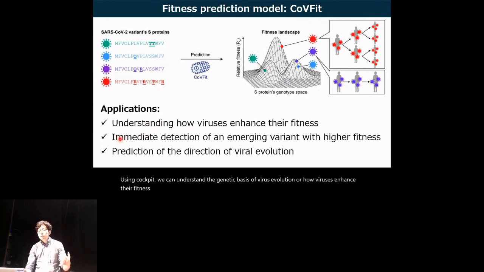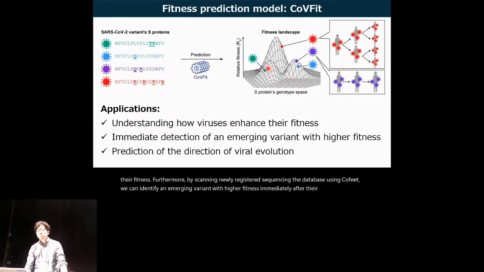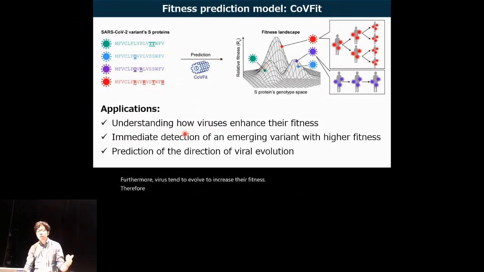Furthermore, by scanning newly registered sequences in the database using COVFIT, we can identify an emerging variant with higher fitness immediately after their emergence. Furthermore, viruses tend to evolve to increase their fitness. Therefore, using COVFIT, we can predict the direction of virus evolution.